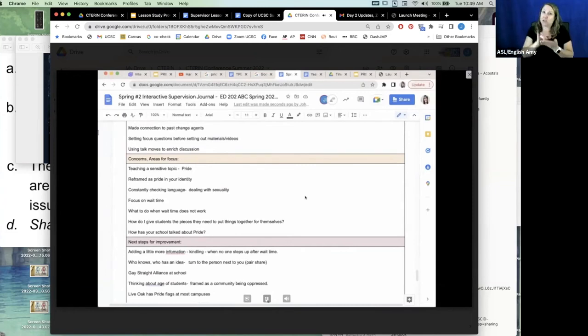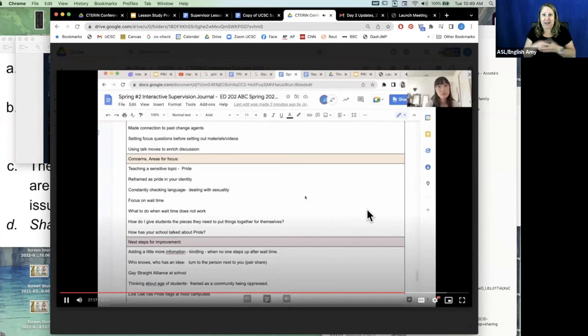And then of course the question you asked more than once here, which was a really good question, is, some kids are new to some ideas, and what about the communities being served? What about the developmental concerns? So you have layers and layers of stuff. You also asked us to think about wait time, and what to do when wait time doesn't work.